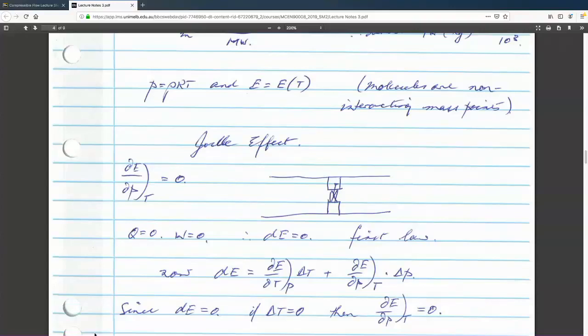And then he said, but if E is a function of T and P, two other thermodynamic variables, then I can write down that dE is (dE/dT) at fixed pressure, delta T, plus (dE/dP) at fixed temperature, delta P. What was the change in pressure? Well, it was enormous. You started here in a small volume and you expanded this thing out into a bigger volume. So the pressure went down. There was an enormous change in dP.